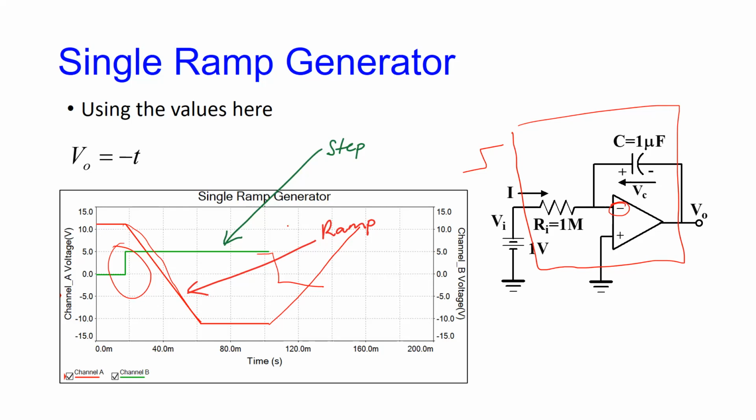Forget this a little bit. This was a simulation where I used 5 volts. The circuit diagram has 1 volt here, so with this circuit diagram it would have been from 0 to 1 volt instead of 5.